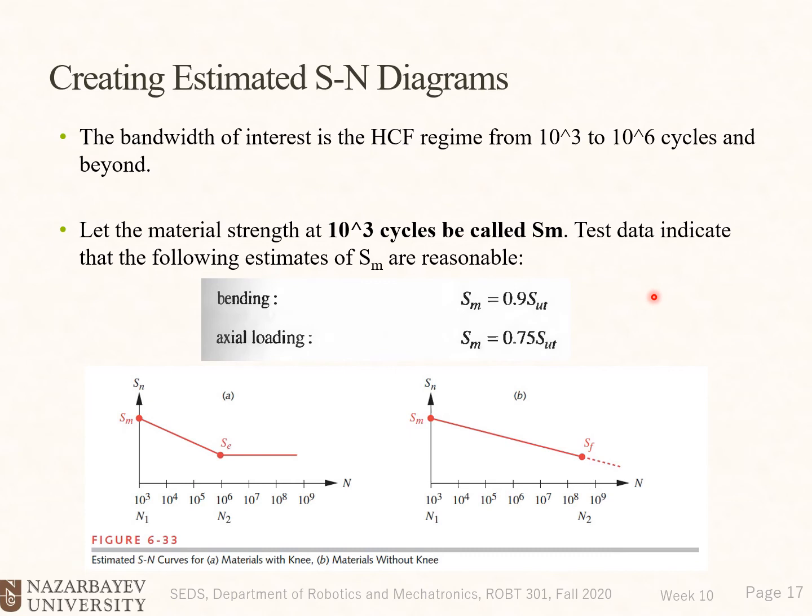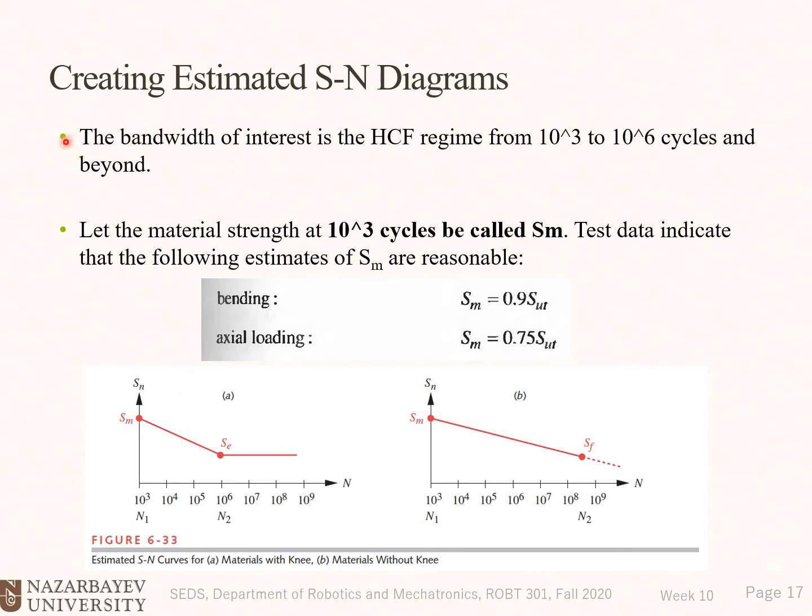Okay, now let's see how we could create an estimated SN diagram. We said that we could estimate endurance limit or fatigue strengths for one particular number of cycles. But what about other cycles? What about fatigue strengths at other cycles?